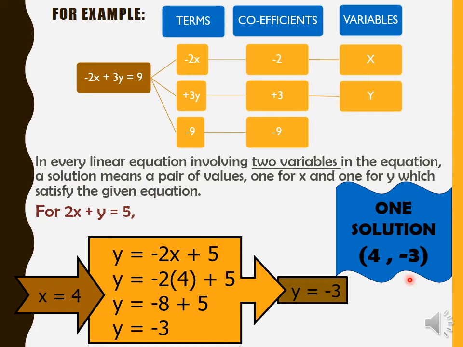So what we can tell from here is that a linear equation in two variables will always have its solution in pairs of values. One will be for x, another will be for y.